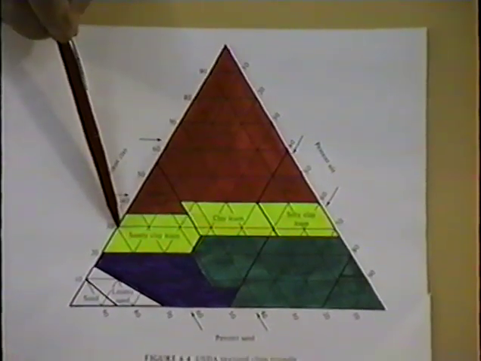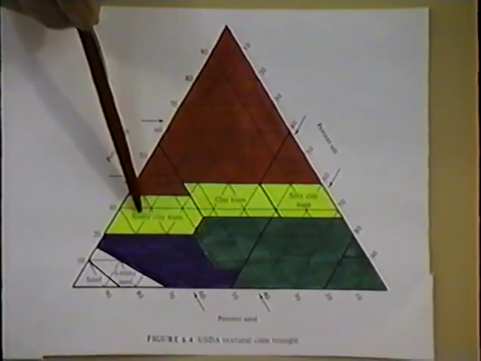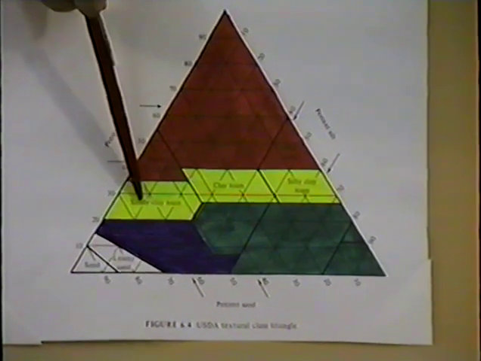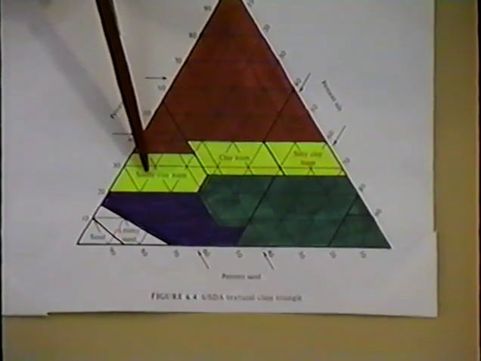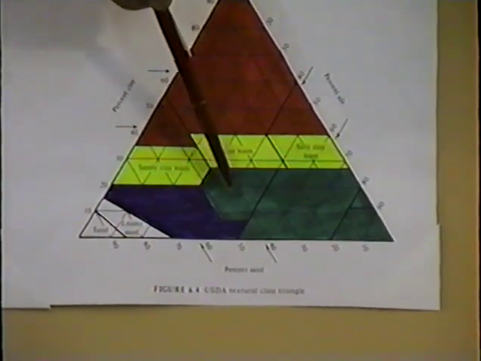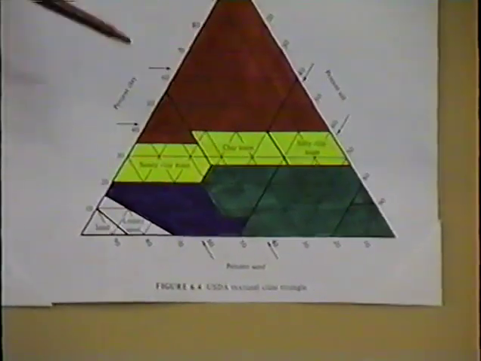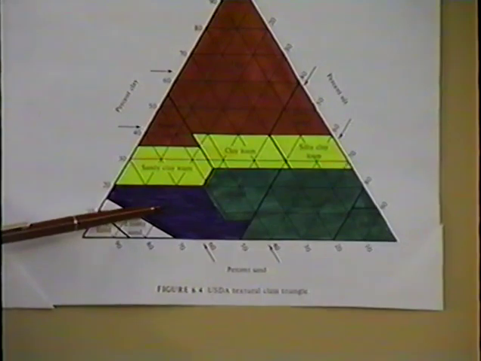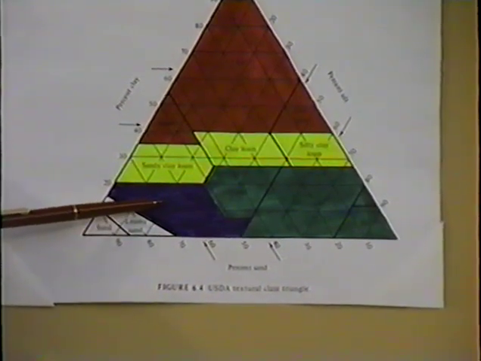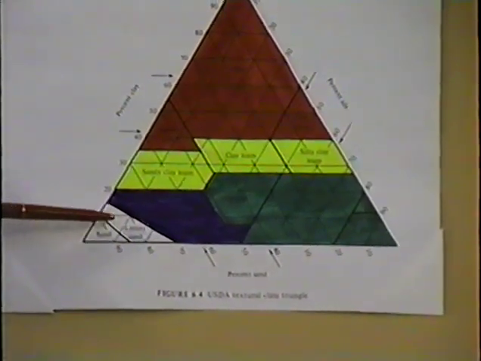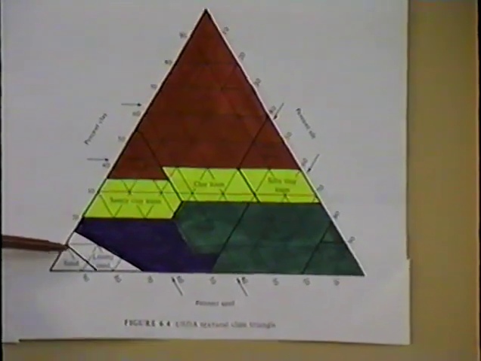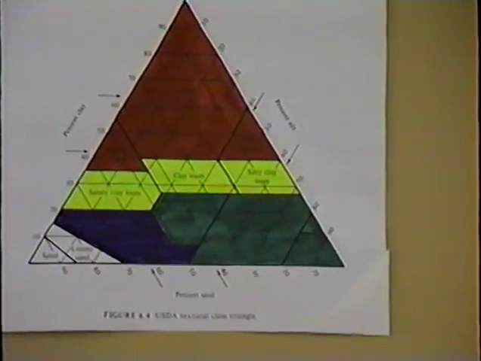So when you're texturing the soil, you would make a decision on the appropriate texture class, but then we do some grouping once you decide that. The medium textured soils are the loam textures, the silt loam, and then a silt texture. The sandy loam is colored blue here, and that would be what's called a moderately coarse textured soil. And then a loamy sand and a sand would be considered coarse textured soils.